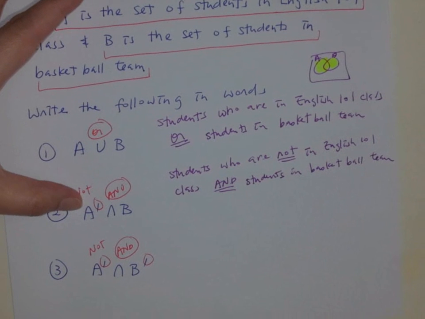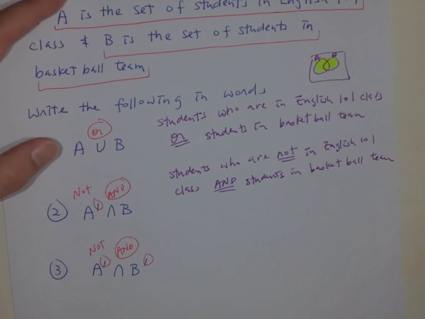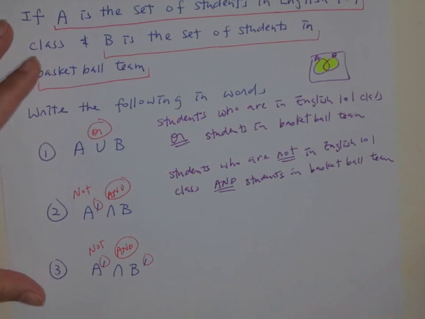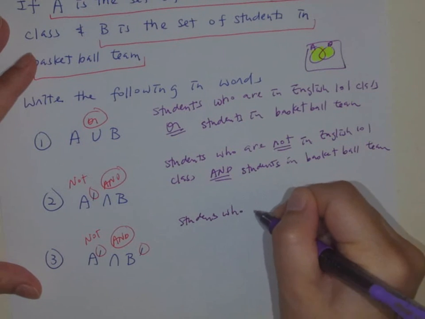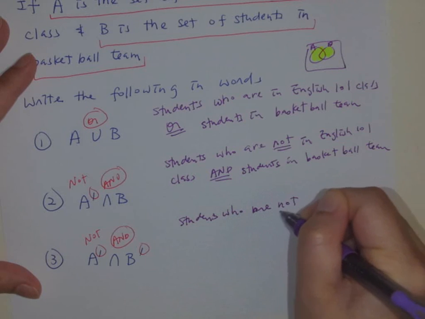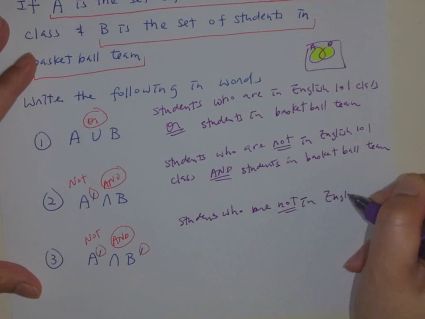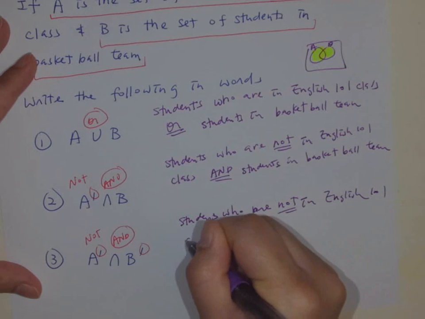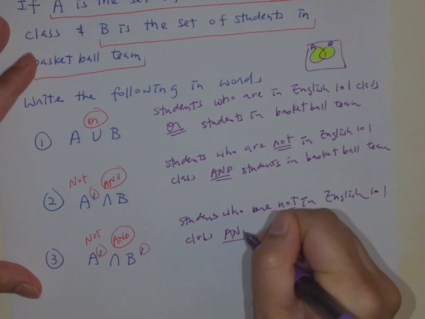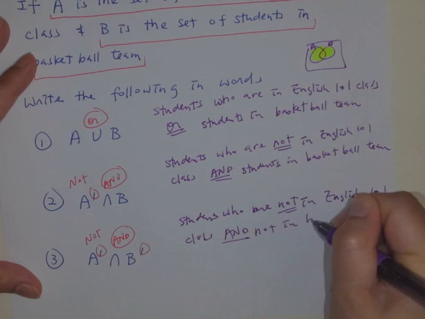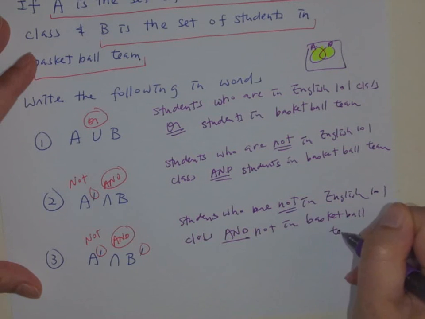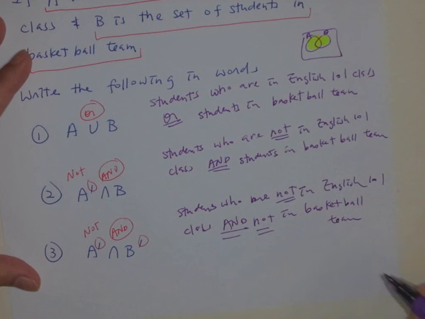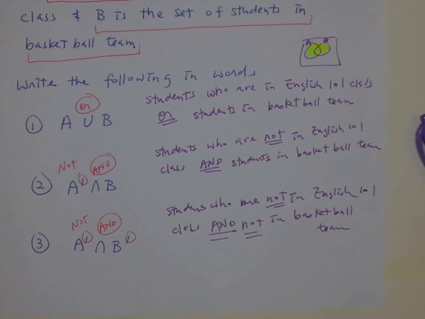So outside the A circle that intersects with B. And the next one says students who are not in English 101 class and not in basketball team. So this is mainly trying to practice with those keywords and make sure you understand what they mean.